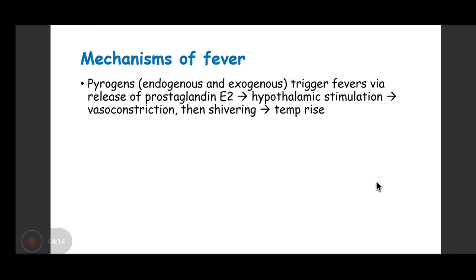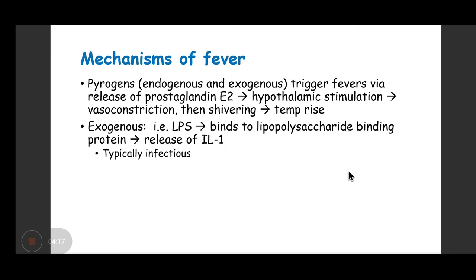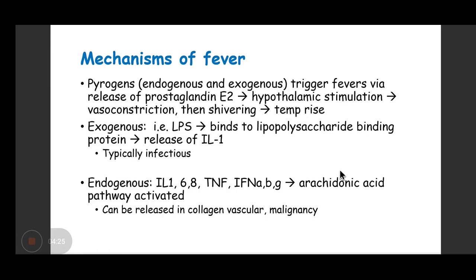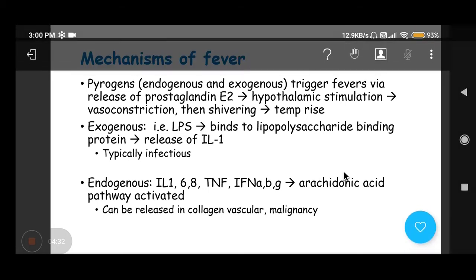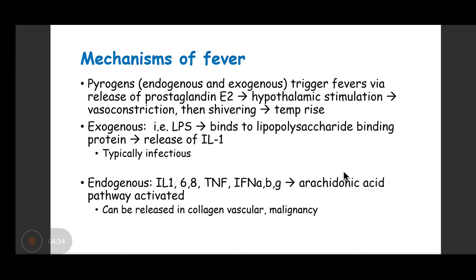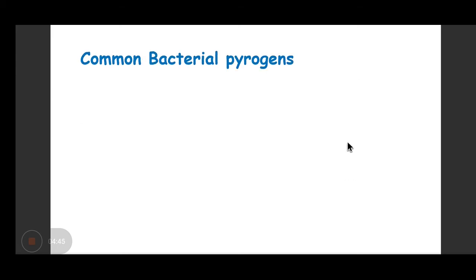And how does the fever occur? In infections, usually bacterial substances like lipopolysaccharide bind to a protein and initiate the release of interleukins. These interleukins go to the hypothalamus and stimulate it to release prostaglandins and cyclic AMP. As a result, there is shivering and increased heat, and the body temperature rises. That is the mechanism of fever.